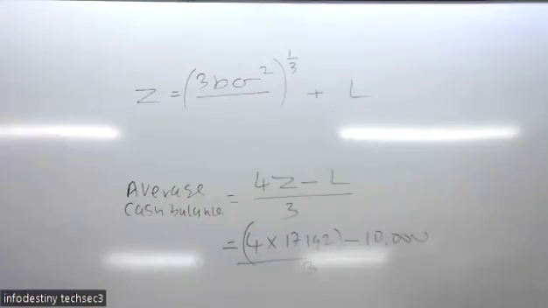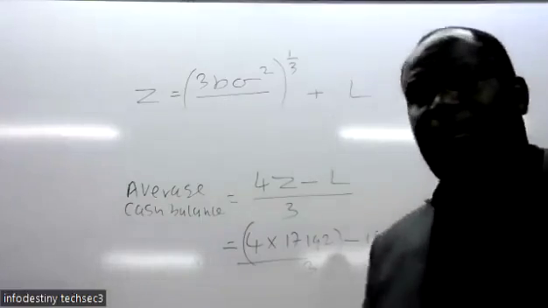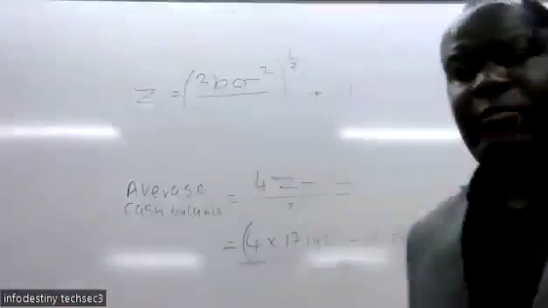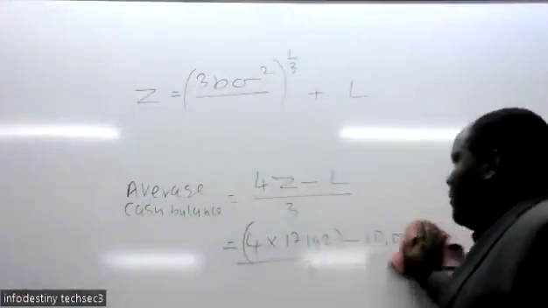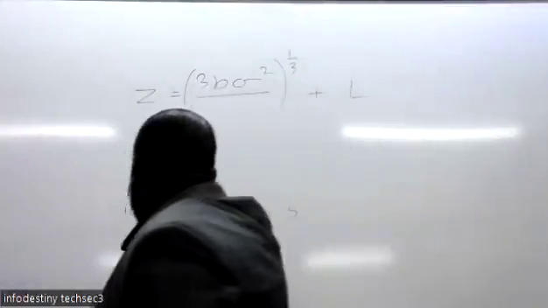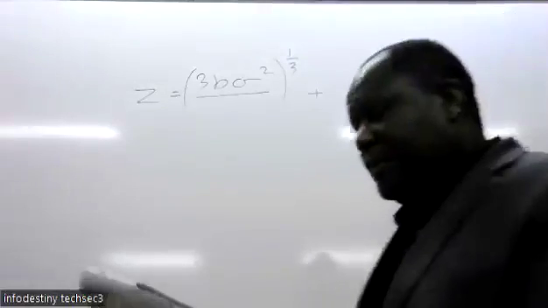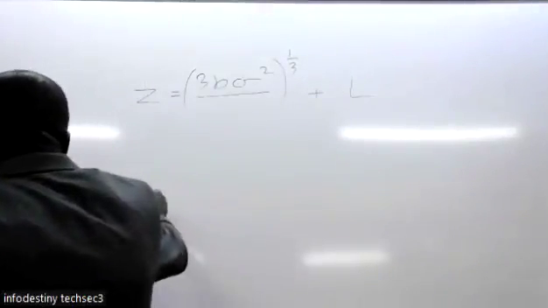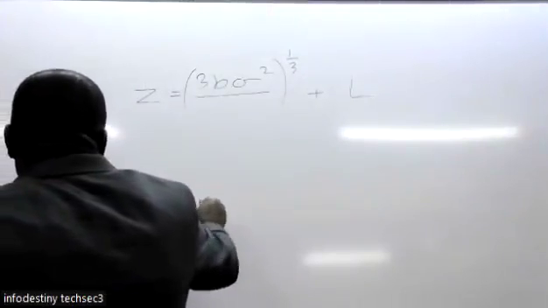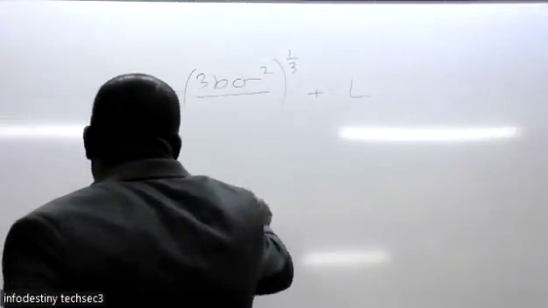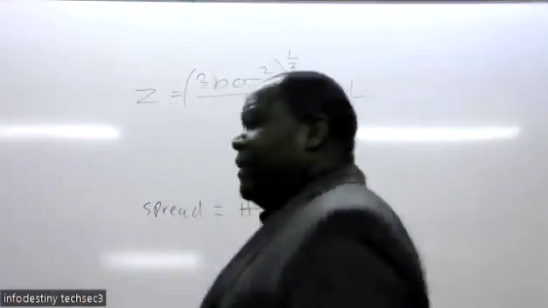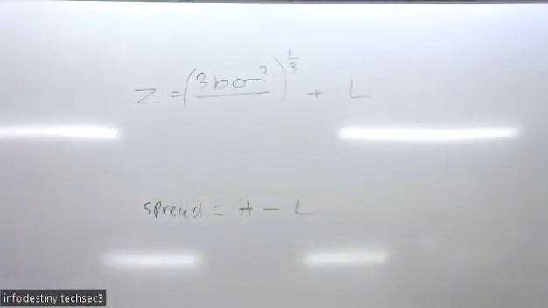So now you go to the Roman letter 4, where they also want you to get the spread. The spread will be equal to H minus L. So you simply take the upper limit minus the lower limit.